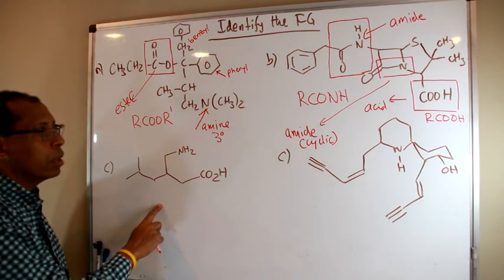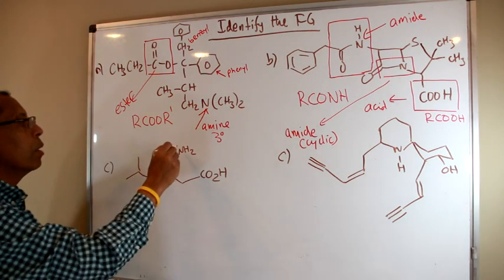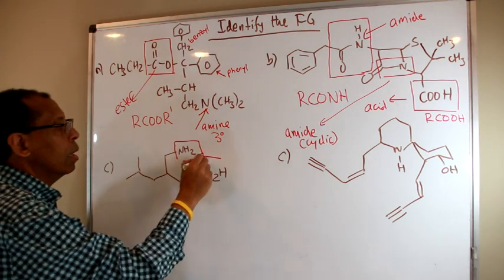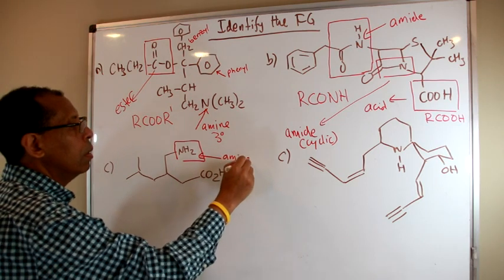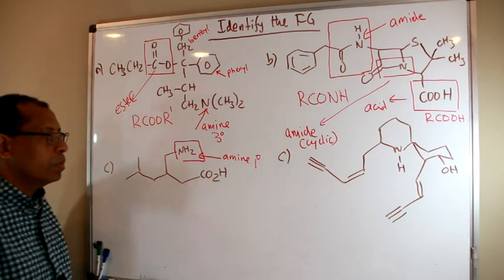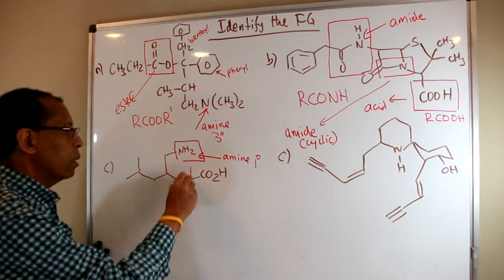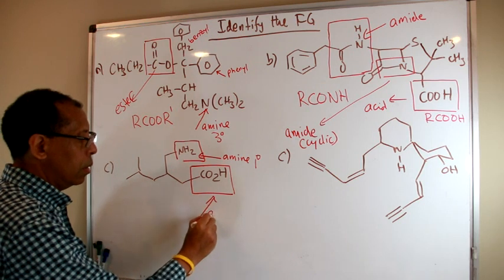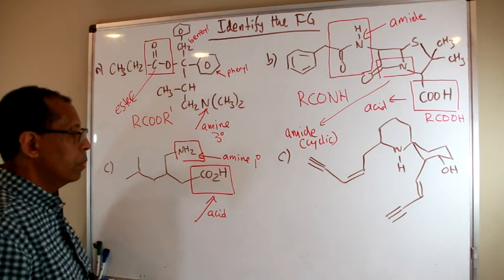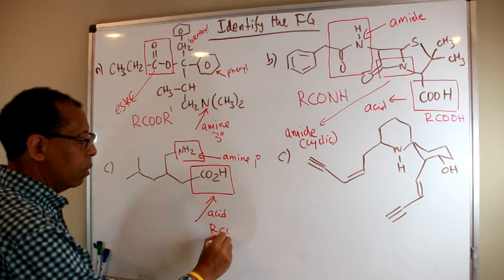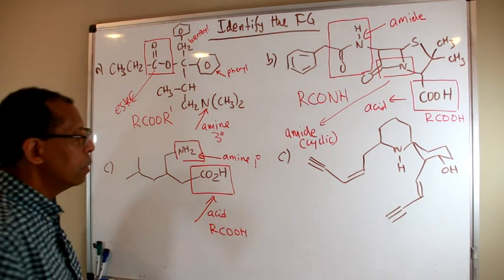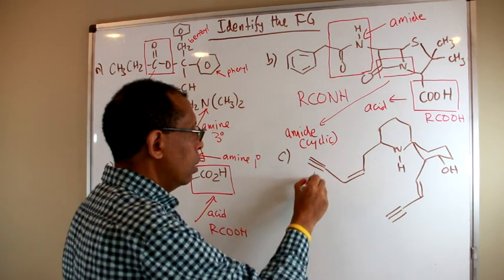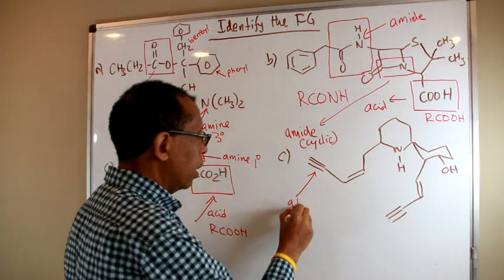And in this third problem, you have an amine, RNH2, this is an amine, but it's primary. And this one right there is an acid, represented as COOH. And here you have functional groups like this triple bond, which is an alkyne.